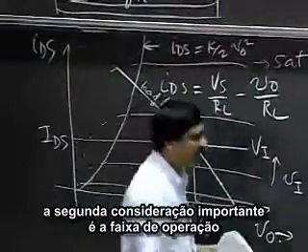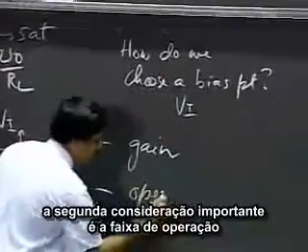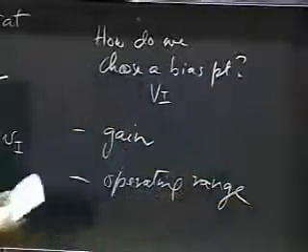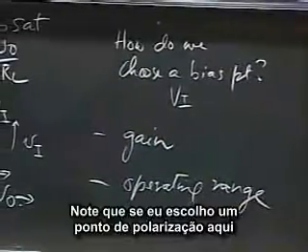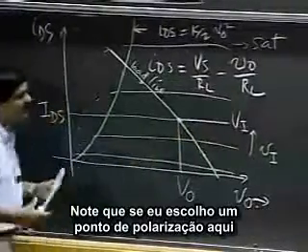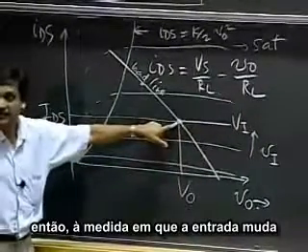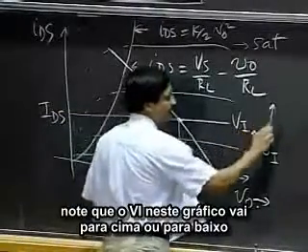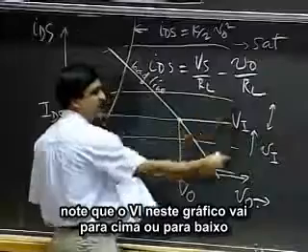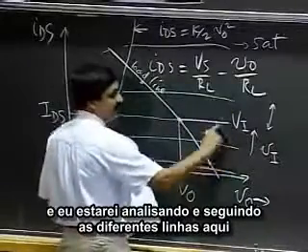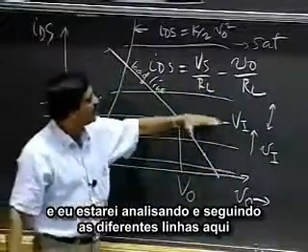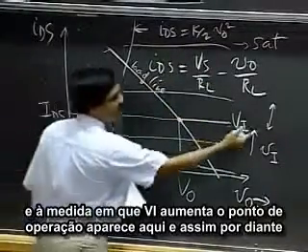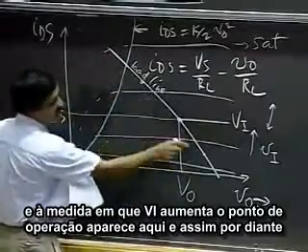The second important consideration is operating range. Notice that if I choose a bias point here, then as the input VI goes up or down, I would be traversing and following different lines here in my MOSFET characteristic. As VI increases, the operating point would come up here and so on.